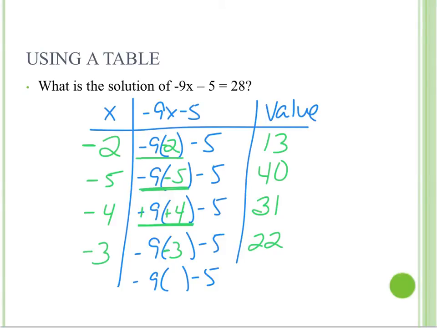So our value has to be somewhere between these two. That means it's probably going to be a fraction. So let's try negative 3.5.